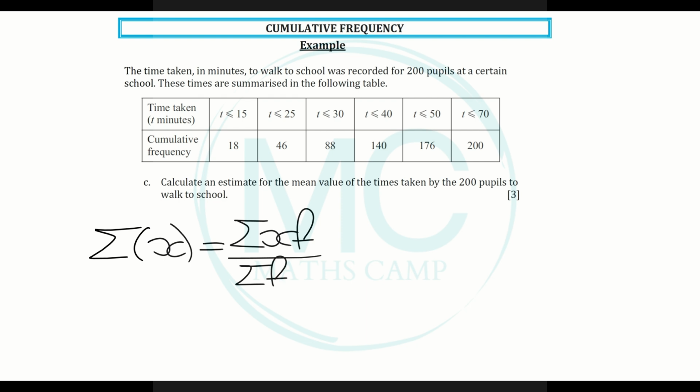We know that sigma f is the total frequency, the cumulative frequency, 200, but we still need to find sigma xf. X is the midpoint of each interval, and f is the frequency of each interval. So before we can find the estimated mean, we need to find our midpoints and the respective frequency of each interval. So let's start with the intervals.